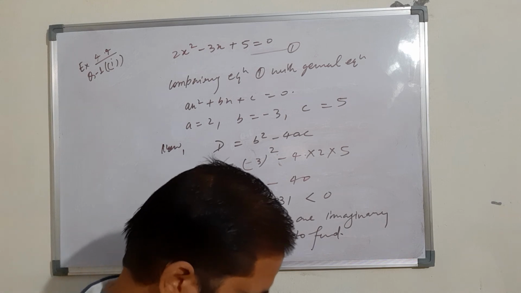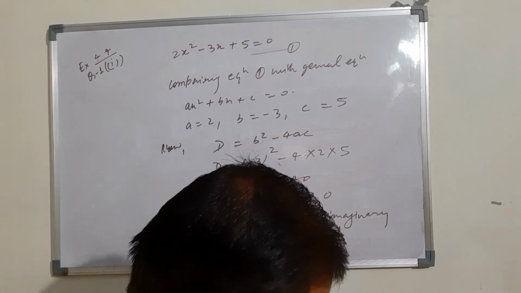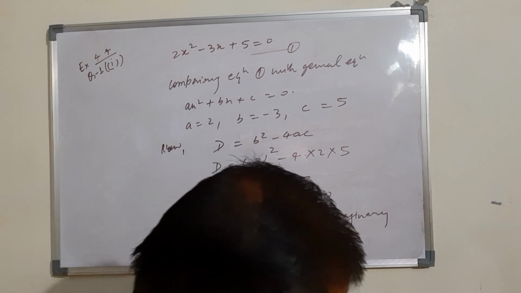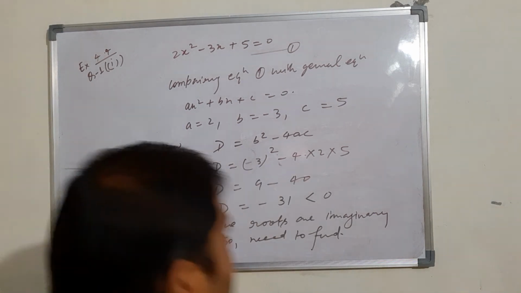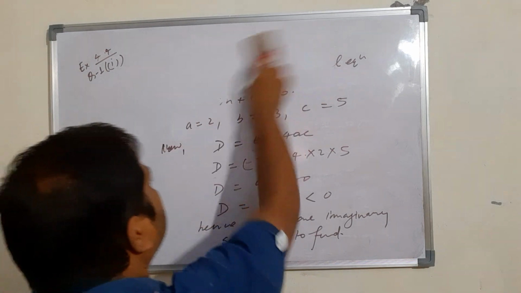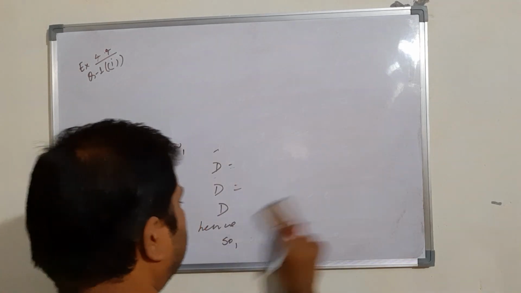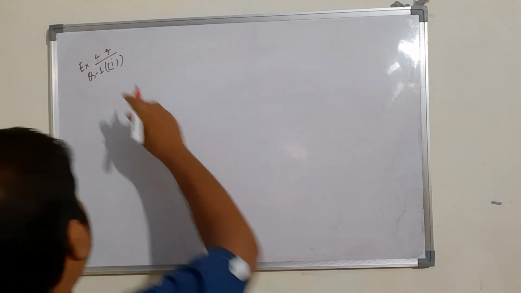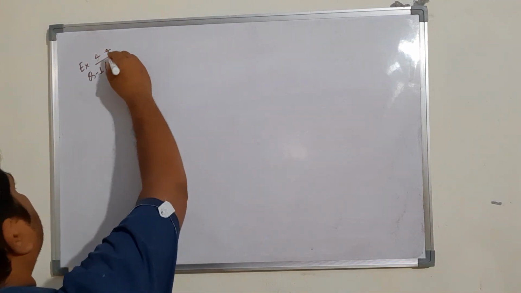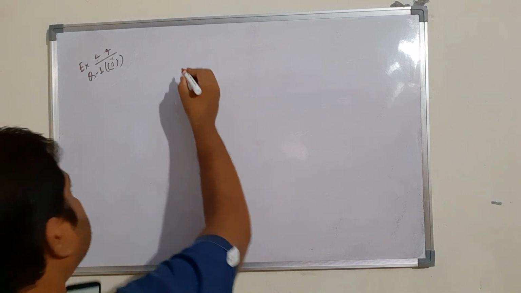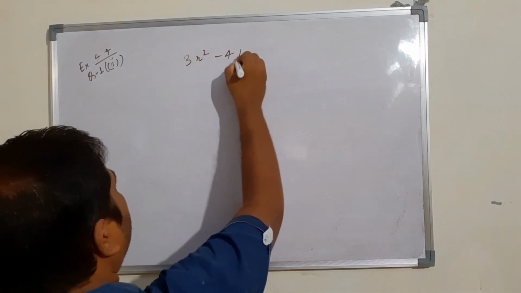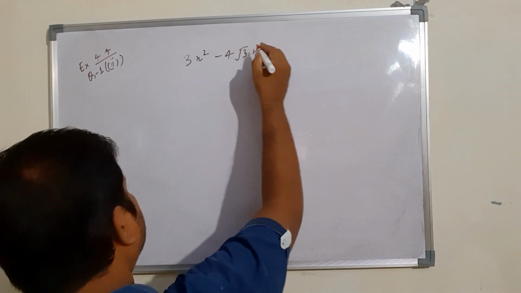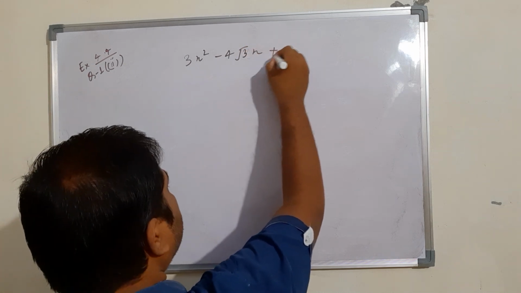This is exercise 4.4, question number 1, second part: 3x square minus 4 root 3x plus 4 is equal to 0.